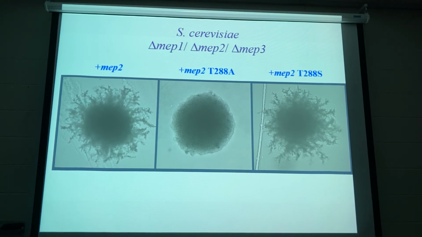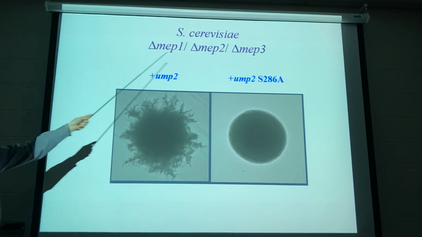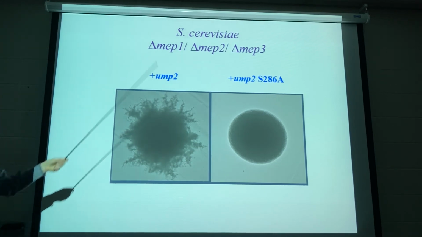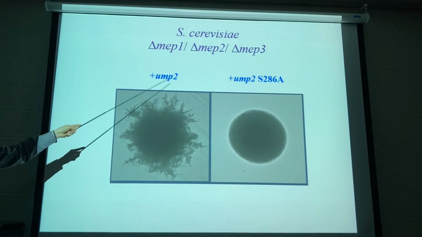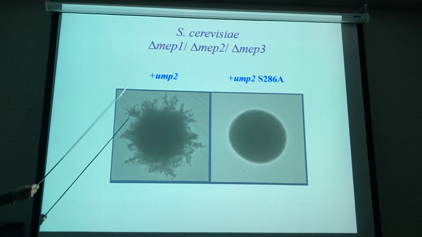Good question. All right, so now the question is, how does this apply to Ustilago? So now we do the same thing with Ustilago with UMP2. Again, the triple mutant of cerevisiae, if you put in UMP2, you get not only growth on low ammonium, but also fermentation.